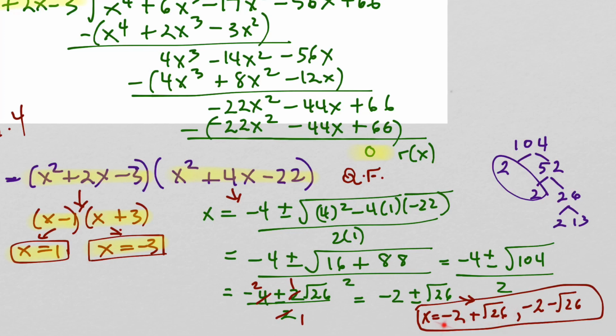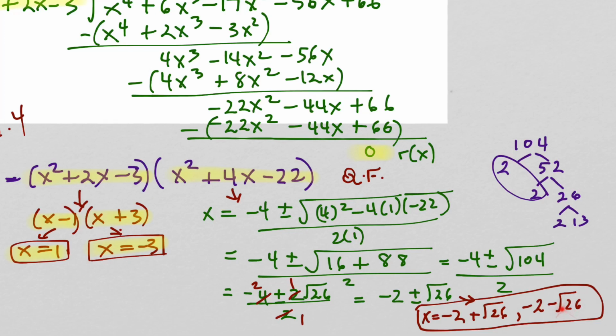These are the zeros that we got using the quadratic formula. We simplified it, branched it out. Remember, when you're asked for exact solutions, they're going to be either whole numbers like these or combinations of fractions, whole numbers, and radicals, but they will not be rounded decimal numbers.